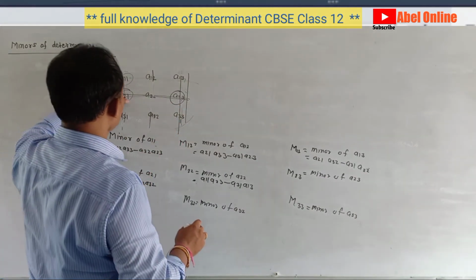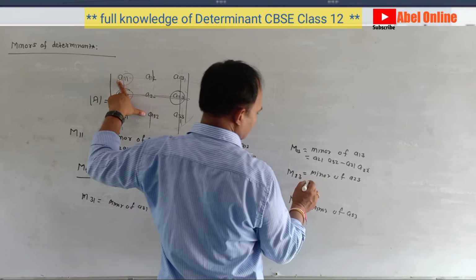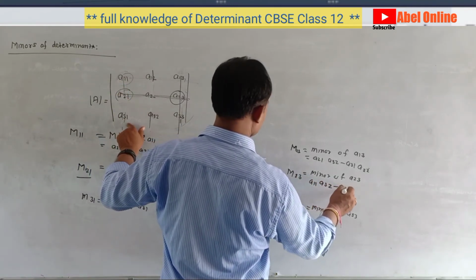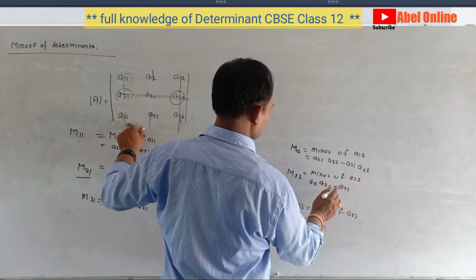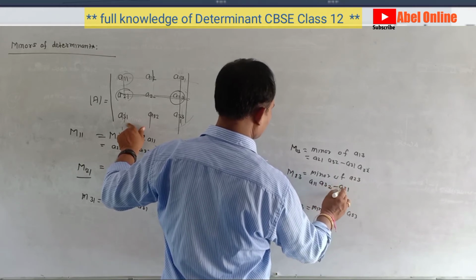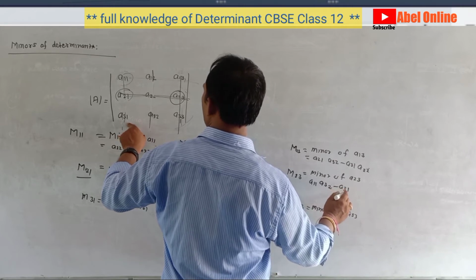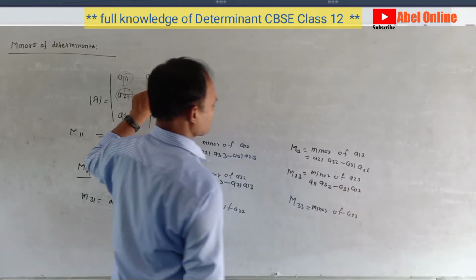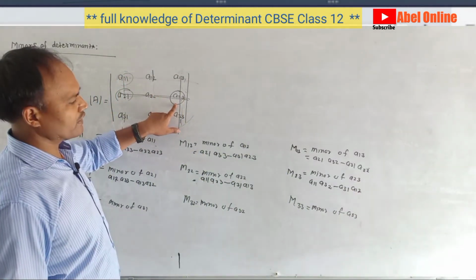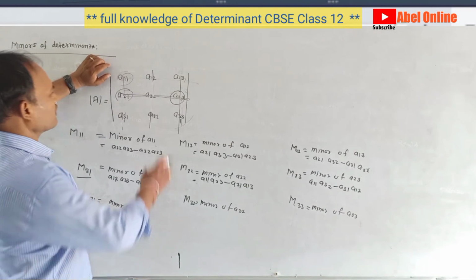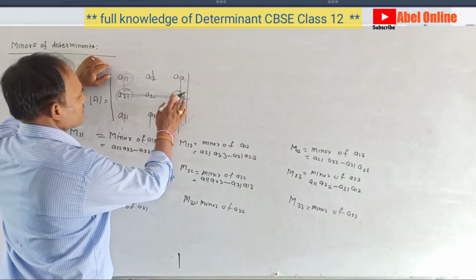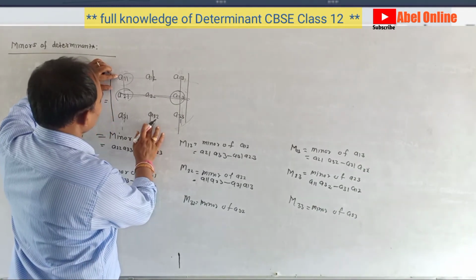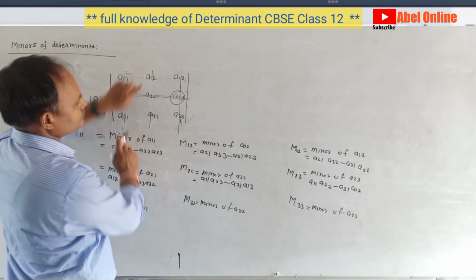The remaining part is A11, A32 minus A31, A12.